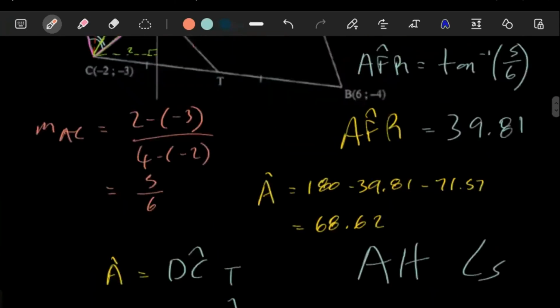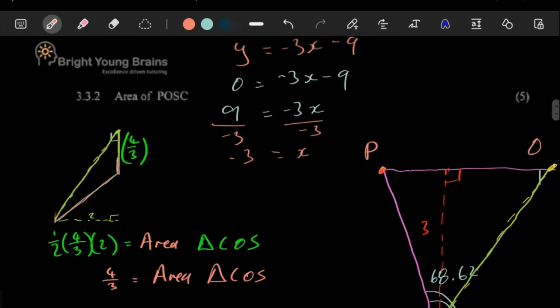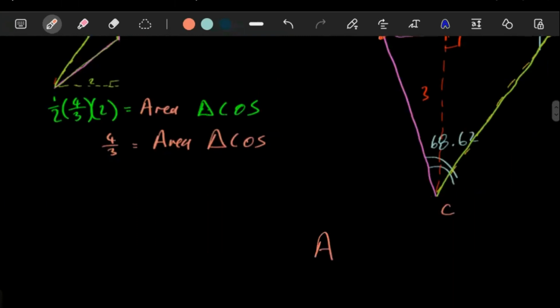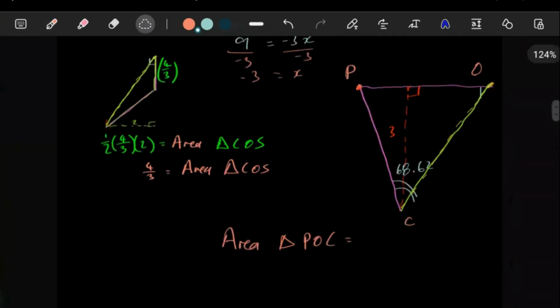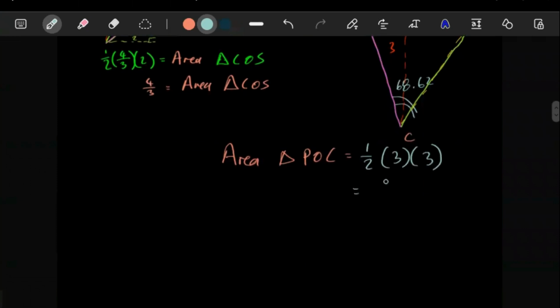So the area of triangle POC is going to be equal to a half. The base here is just 3, and the perpendicular height there is just 3. It's like 6 divided by 2, so that's 3. That's the area of triangle POC.